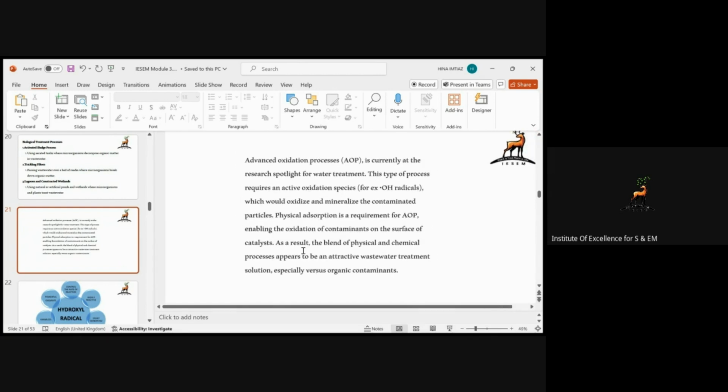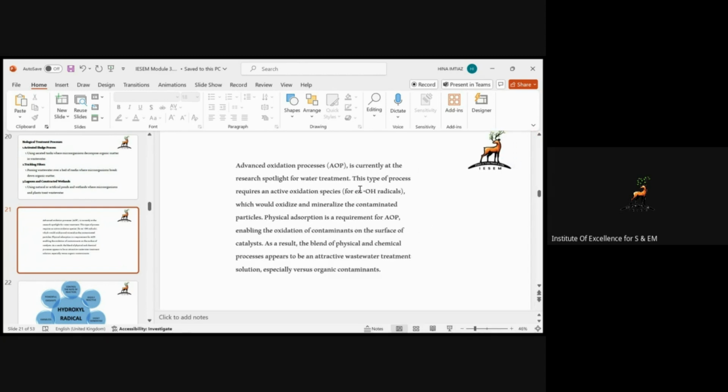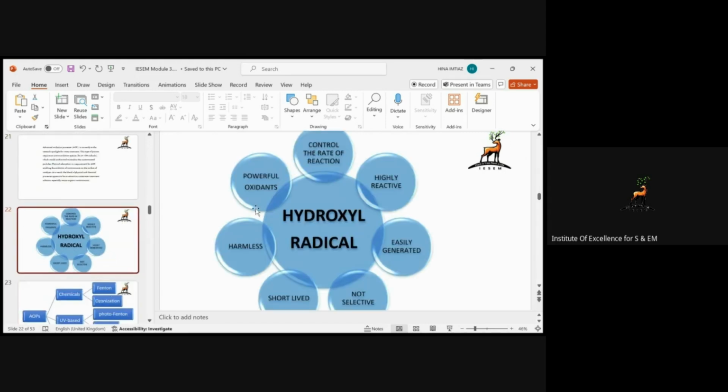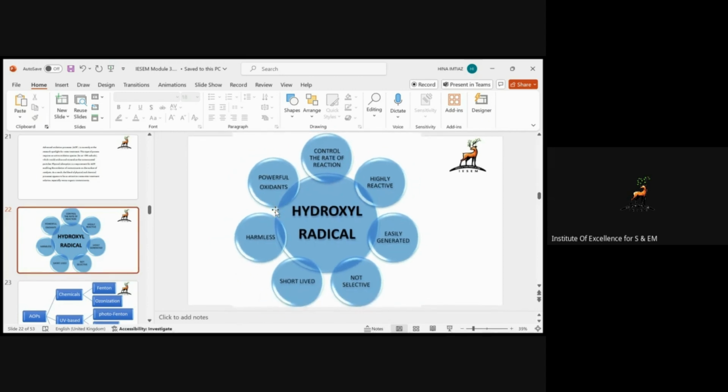All right. So the advanced oxidation process is one of the top methods which you can use in this advanced technological world. I have mentioned that in advanced oxidation processes, the reactive oxygen species are produced. So that is basically the hydroxyl ion. Hydroxyl ion means OH negative.